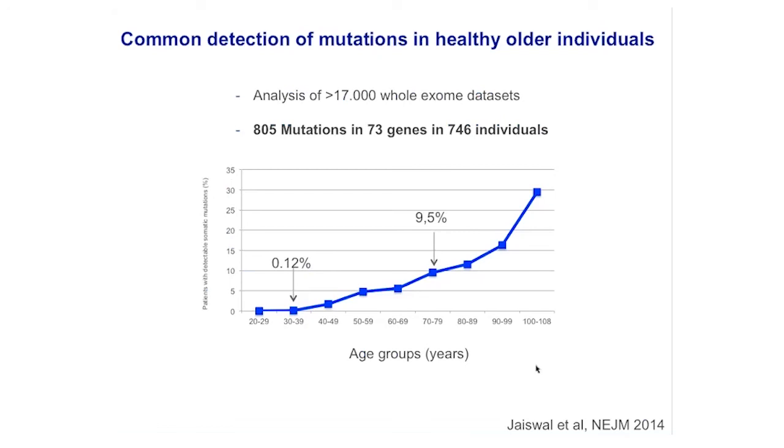And this is exemplified here based on data published in the New England Journal in 2014, where up to 10% of individuals between 70 and 80 years of age have detectable somatic mutations in the circulating blood cells using next-generation sequencing.